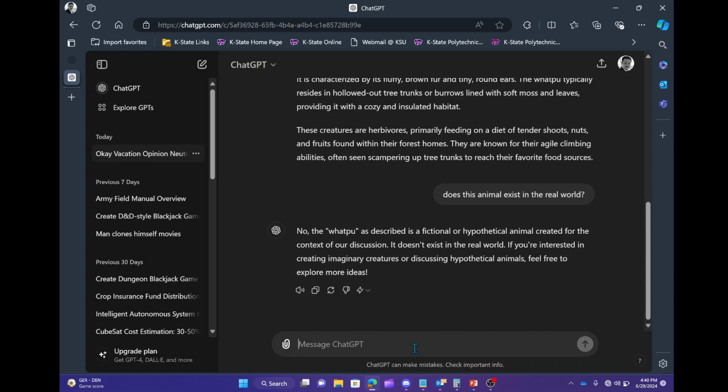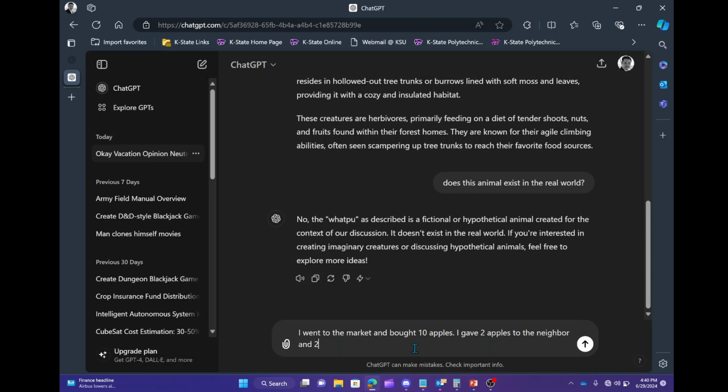So I'm going to say: I went to the market and bought 10 apples, period. So that's the first thought that we're going to send to OpenAI. The next one is: I gave 2 apples to the neighbor, and 2 to the repairman.